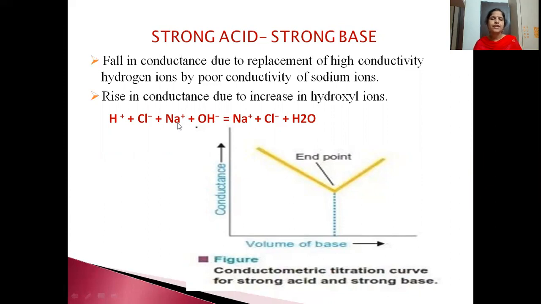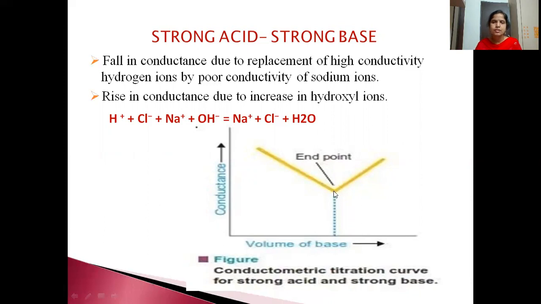Because when NaOH is added, it dissociates to give Na+ ions and OH- ions. The Na+ ions combine with Cl- and give rise to NaCl. The remaining ions left are H+ ions. Because of this formation of the salt, the conductance is slowly decreasing.